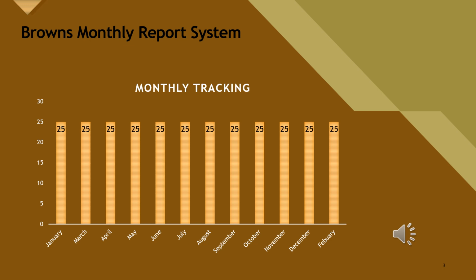And with Brown's monthly reporting system, it has some faults. Over the year of documentation, Brown has made it clear that they don't mind the simple system of only reporting the 25 incidents per month.